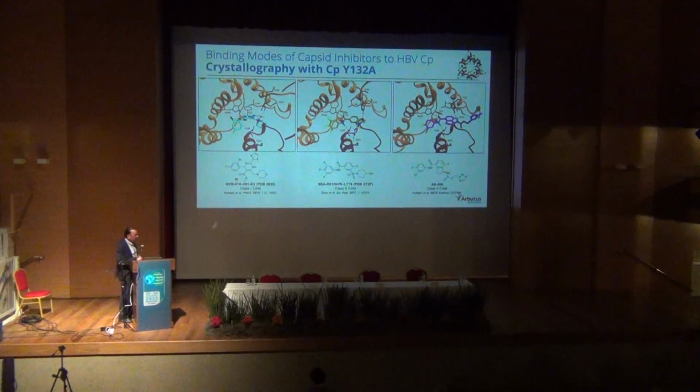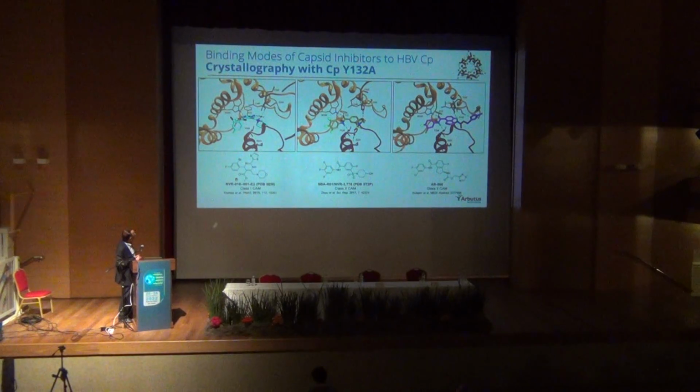When you look at the crystal structure, you see that they all bind. There's no change in the backbone of the capsid, the core protein. They all have this binding region that puts a hydrophobic group in this hydrophobic binding cleft. They all have this hydrogen bonding network here, tryptophan and threonine binding here, that seem to be critical.